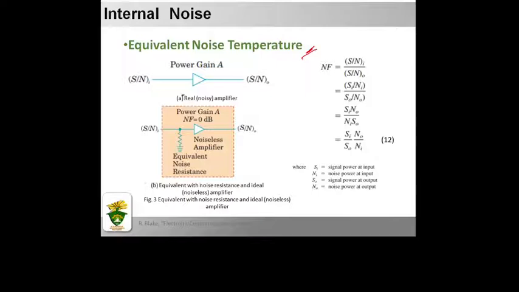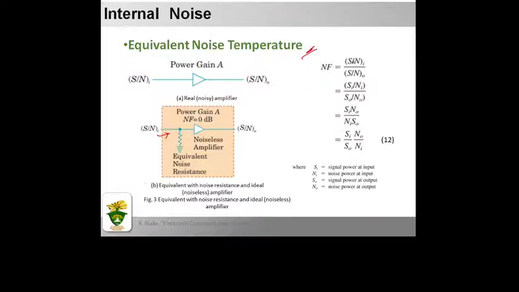Rather, as shown in figure 3 here, it is the absolute temperature that, connected to a noiseless amplifier of the same gain, would produce the same noise at the output of this real noisy amplifier.